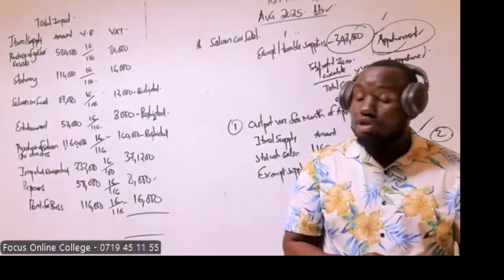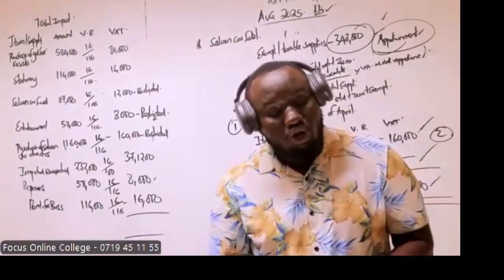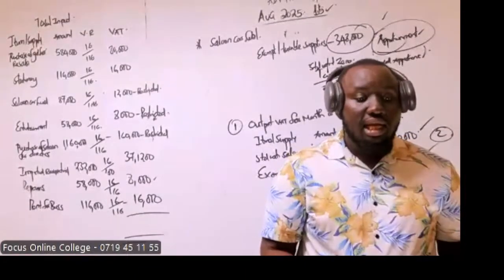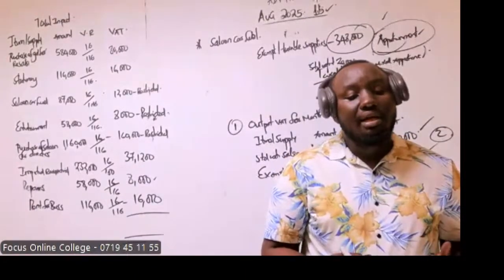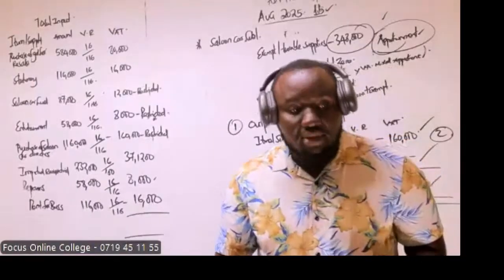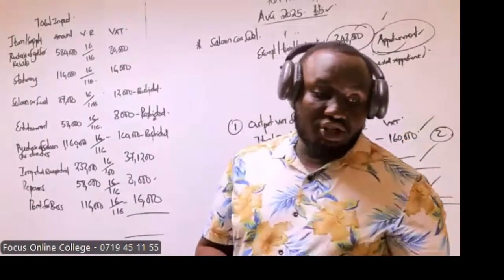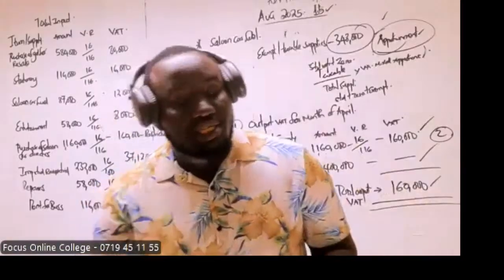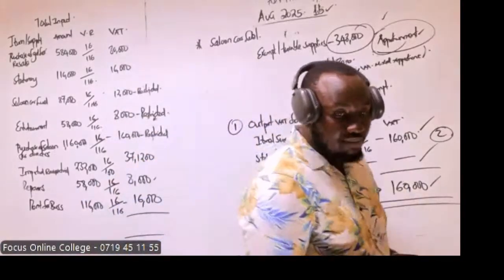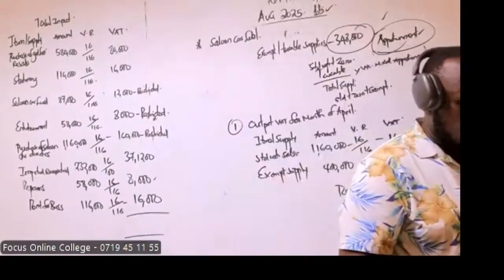Given examples, we talked about catering, accommodation, entertainment, and then the private expenses. That is the explanation. Joy, are we together? If you're together, respond with a yes. Thank you so much.